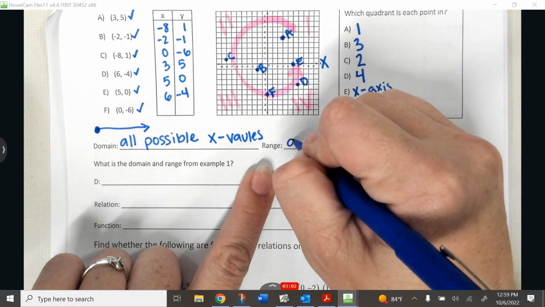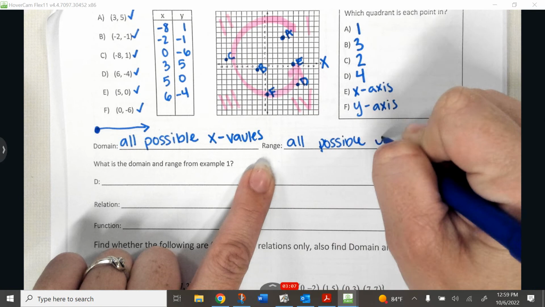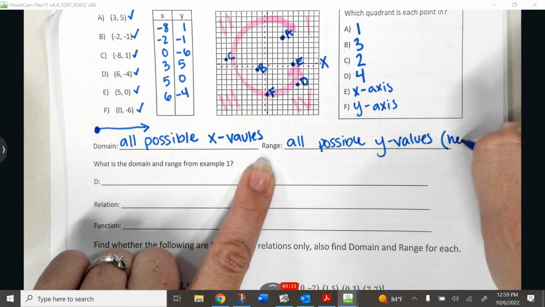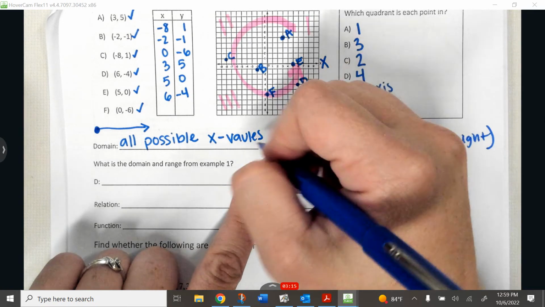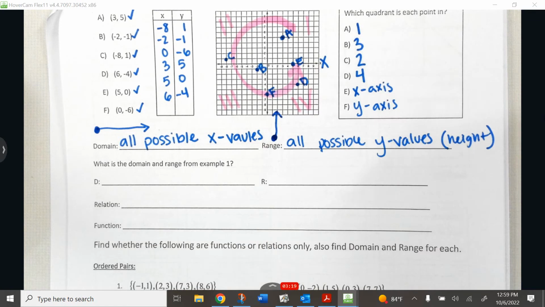Range is the opposite. It's all possible Y values. A lot of times I call this your height to remind you that it's your up and down. You start at your lowest and you work your way up to highest, which will keep it in least to greatest form. Because domain and range should always be least to greatest, numerical order.